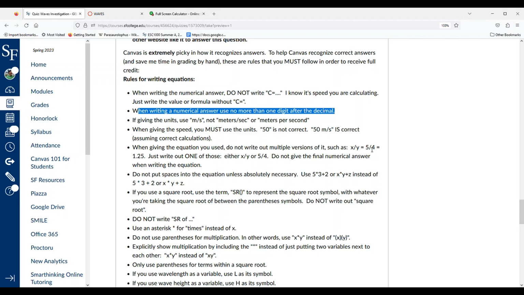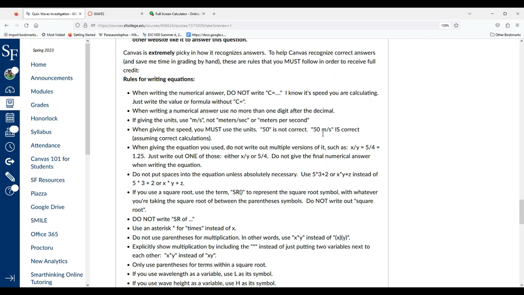I want you to use no more than one digit after the decimal. When you're giving a numeric answer, you should always use units. So if you make a calculation and the speed is 50 meters per second and you just write 50, that's not correct. You have to write 50 meters per second.